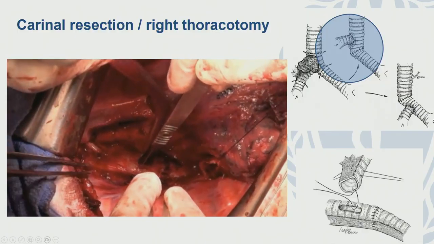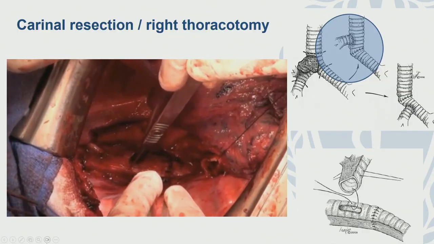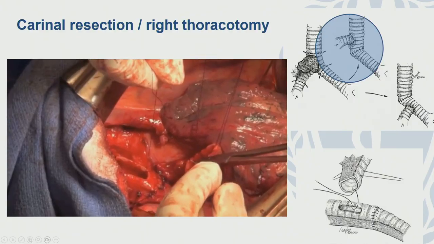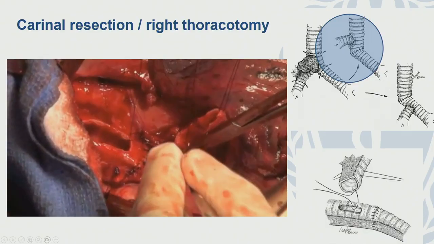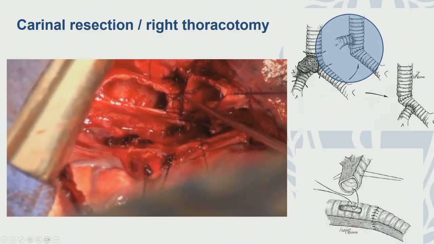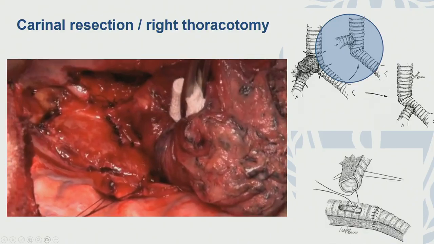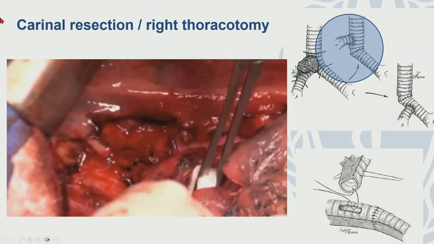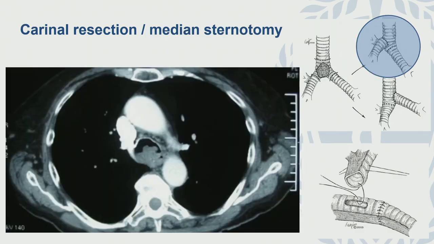Once it's done, we make a window on the lateral part of the trachea, keeping in mind that you should keep some cartilage at the level of the membranous part to leave the hole open before the anastomosis.